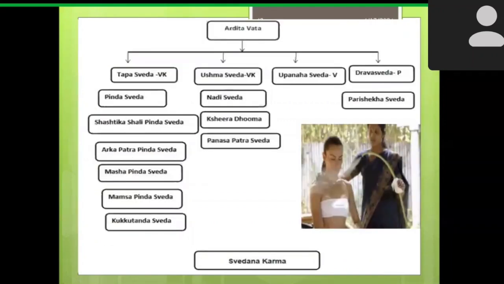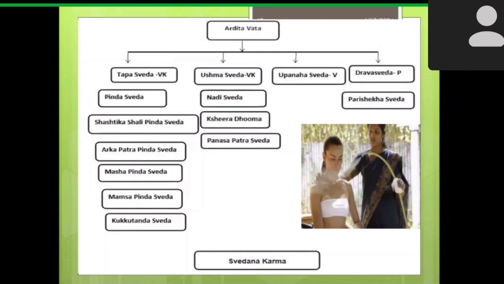Now, coming back to the usage of Svedana, most of the time there is confusion in the mind of the physician about what sort of Svedana can be utilized. Most of the time, invariably in every case, you plan for Kshirodhuma, and this is not going to help. As the classical version says, Tapa Sveda is indicated for Vata Kapha, Ushma Sveda for Vata Kapha, Upanaha Sveda for Vata, and Drava Sveda for Pitta.